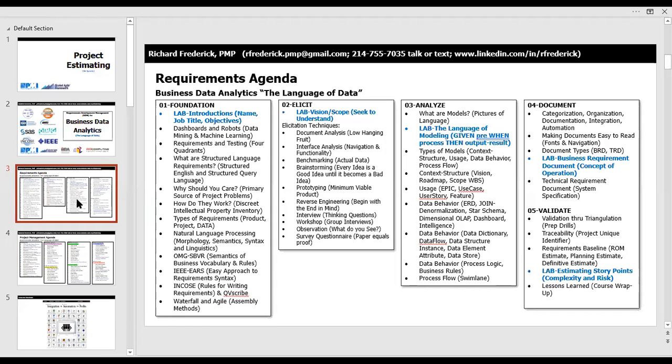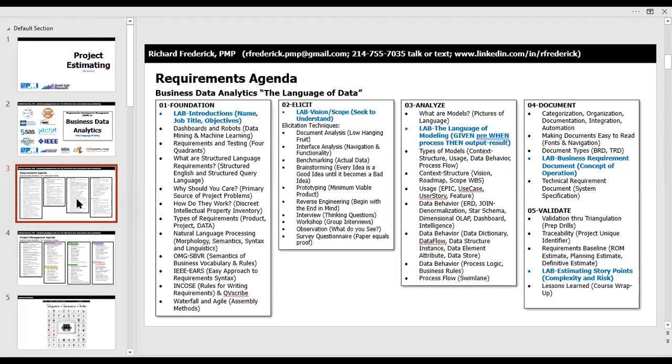I've been a trainer, and I've trained lots and lots of business analysts. The traditional curriculum for requirements calls for what I call the four fingers or four steps of requirements: elicit, analyze, document, and validate. I teach the traditional approach. I just focus on data.